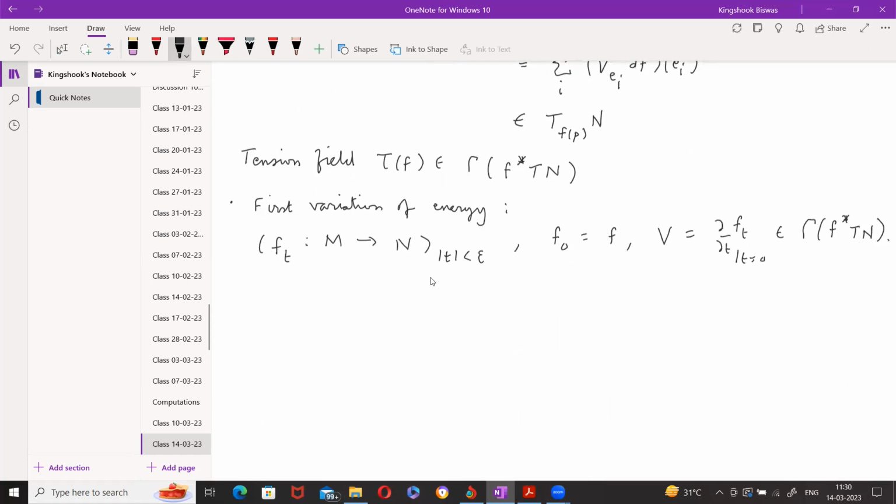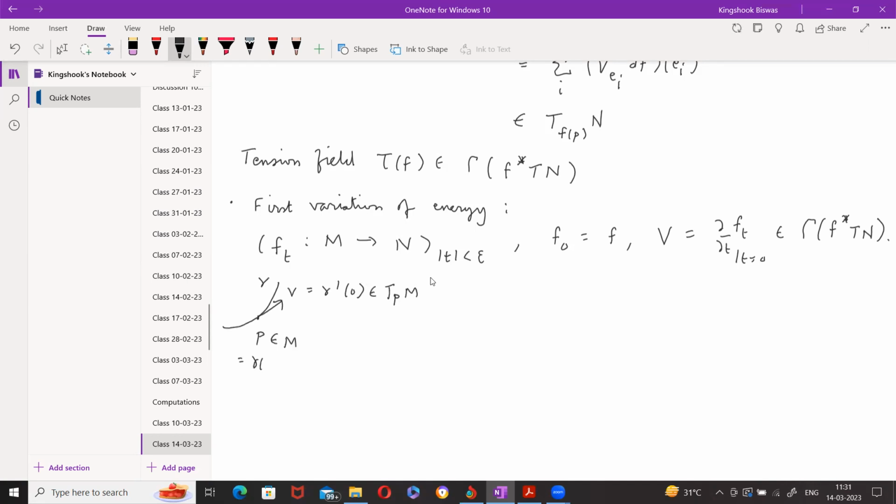Okay. Now let's do one small calculation. Suppose I take a point P and a tangent vector v at P. I can choose a curve gamma so that v is equal to gamma prime 0 in T_pM, and P is equal to gamma 0.